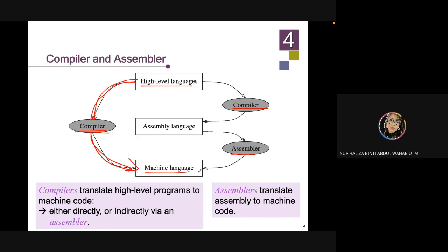But if you want to compile it and convert to your assembly language, you can have your C programming, Java, Python, C# and so on. You can compile and convert it to your assembly language first. Now you learn assembly language, right?